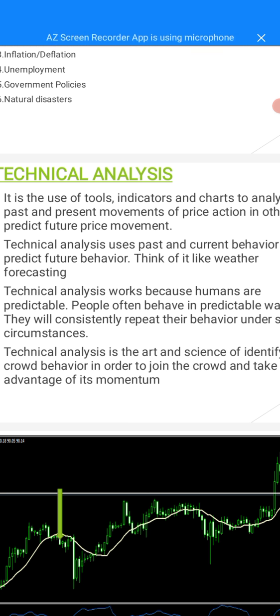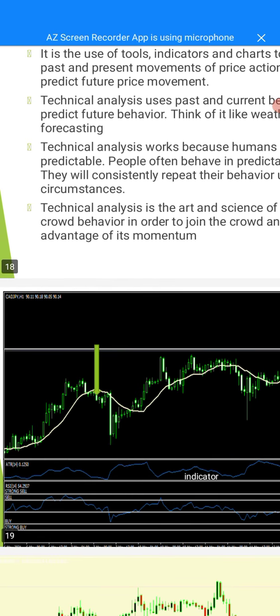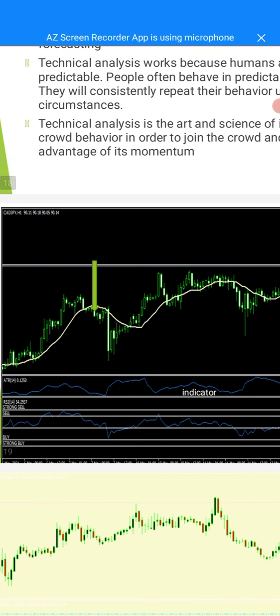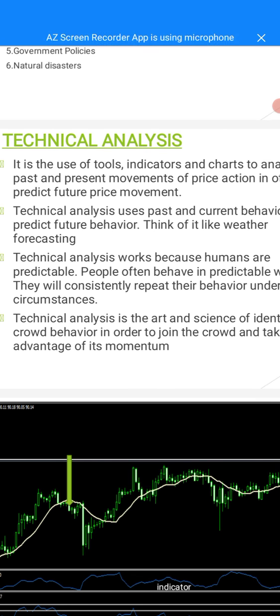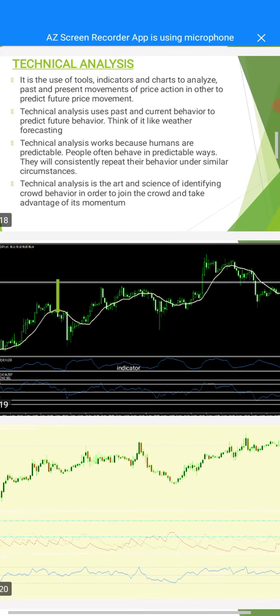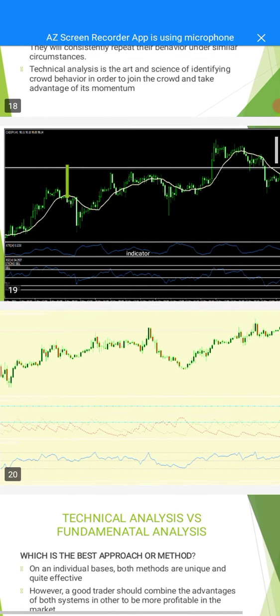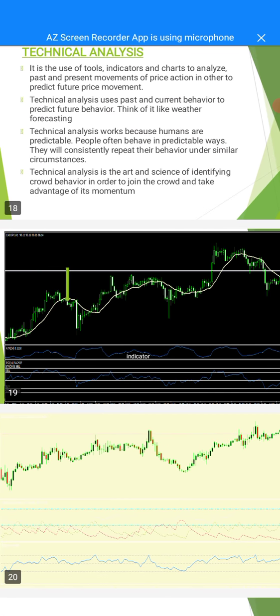If you are able to determine that the majority of the persons in the market are sellers, you follow the trend. So that is technical analysis. But in all, I want to tell you that the best among all of them is price action, which we are going to base our studies particularly on.